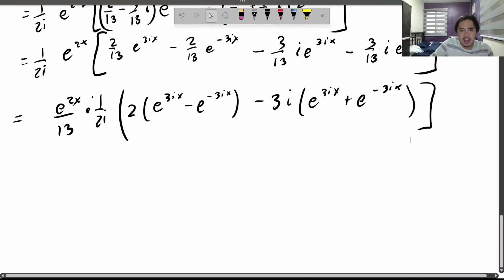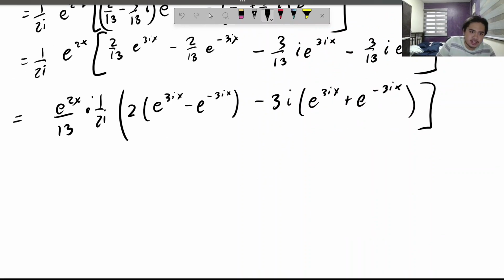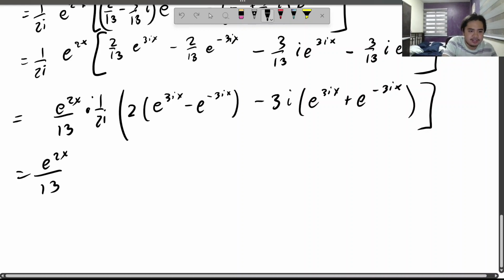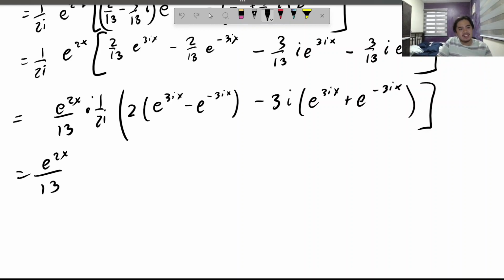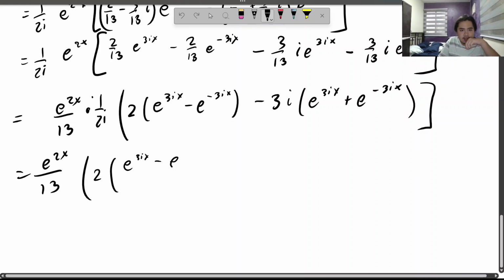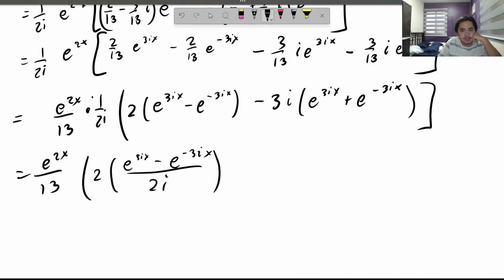Let's distribute 2i to the inside. So e to the 2x over 13, which is what we had earlier, it's right there, 2 times (e to the 3ix minus e to the negative 3ix) over 2i, minus 3 times i over i.